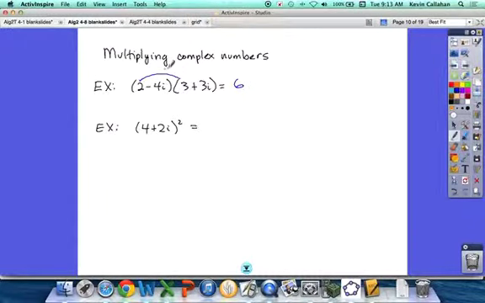The O will be 2 times 3i, which is 6i. The I will be 3 times negative 4i, negative 12i. And then the last, or sorry, actually I did the last already, that's okay.